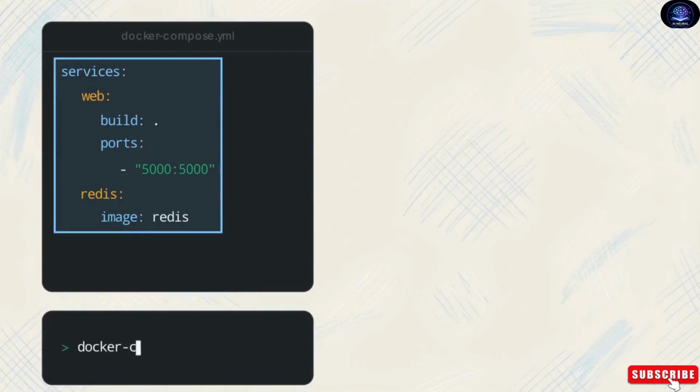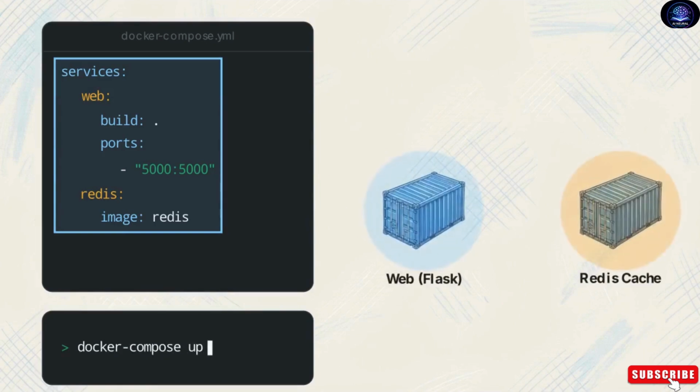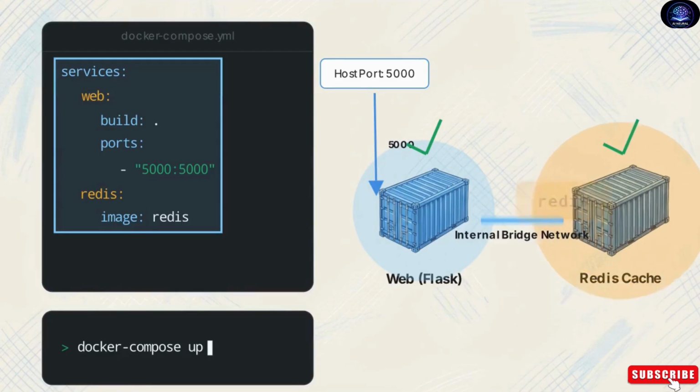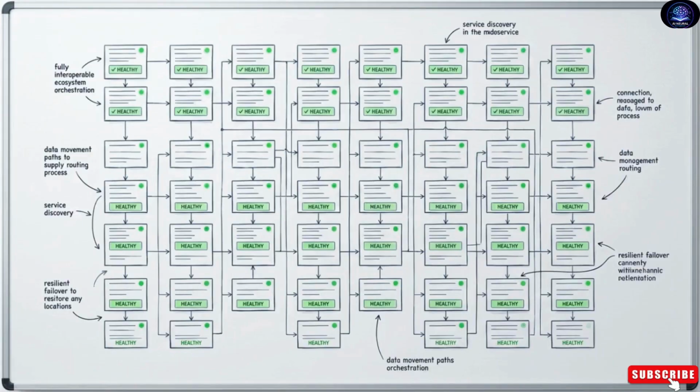Docker Compose automates the synchronized build process and port mappings for the entire tech stack simultaneously, triggered by a single up command. It also establishes an automated internal network. The Flask container can securely resolve and communicate with the Redis container using just its service name, bypassing manual IP management entirely. With Docker Compose, environmental reproducibility scales up from a single application to a fully interoperable microservice ecosystem.